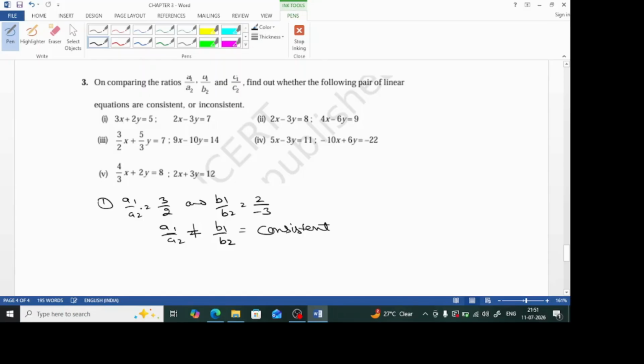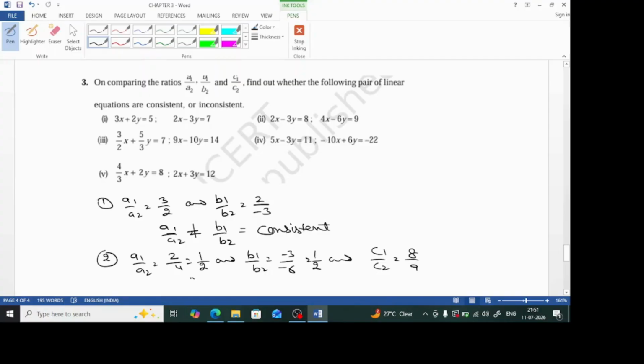All these properties I have told you at the time of introduction of this chapter. Part number 2, here a1 upon a2 is equal to 2 by 4, 1 by 2, and b1 upon b2 is equal to minus 3 by minus 6, 1 by 2, and c1 upon c2 is equal to 8 by 9.